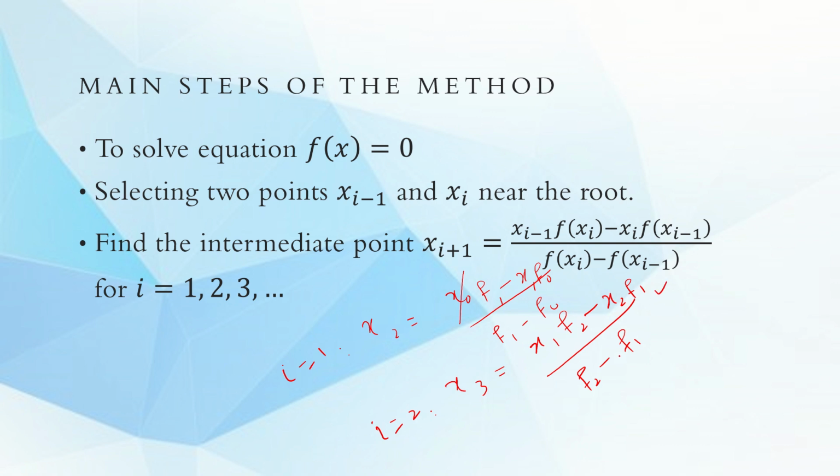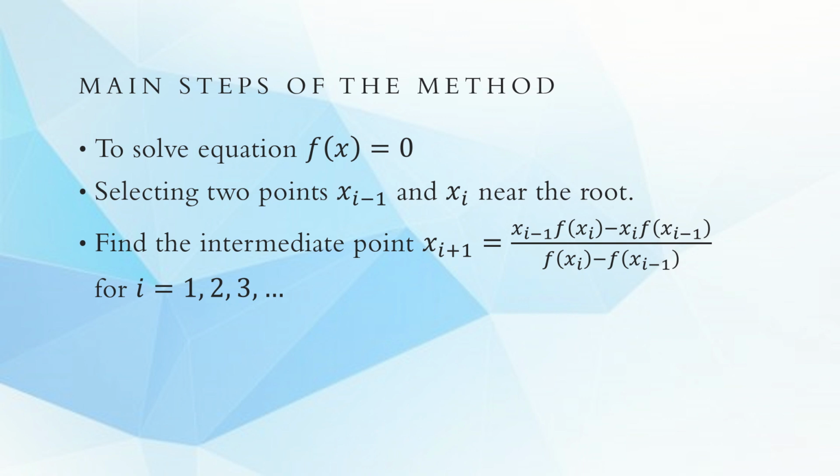That would give you x3, and so on. Then we find x4 unless we have a required level of accuracy. Let me do an example for it, and then I'll use a calculator for doing those iterations.